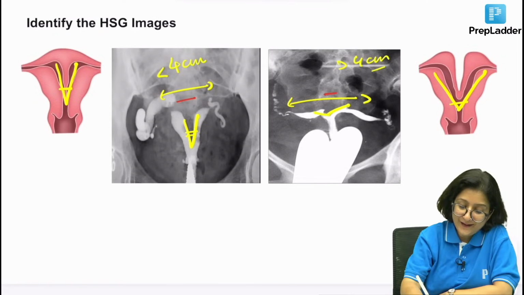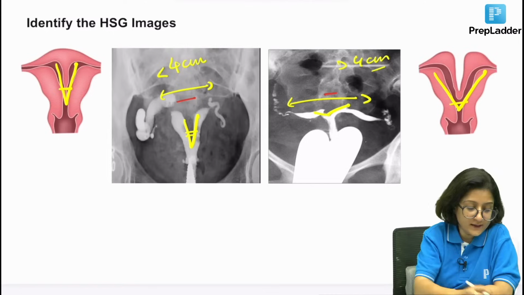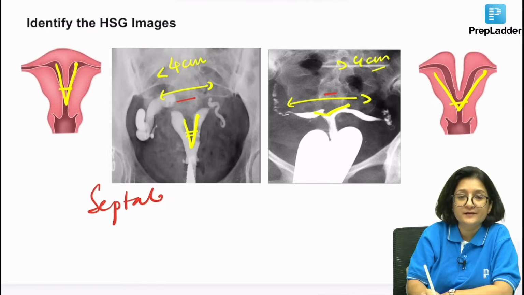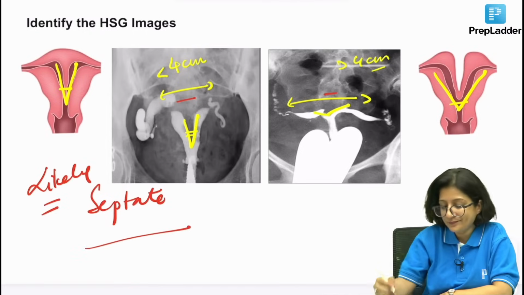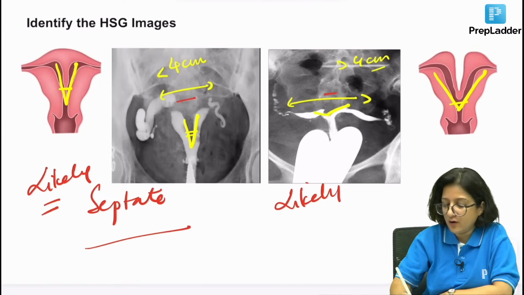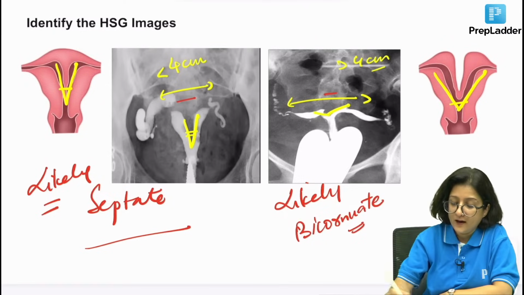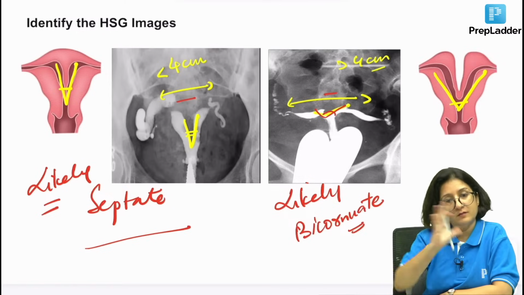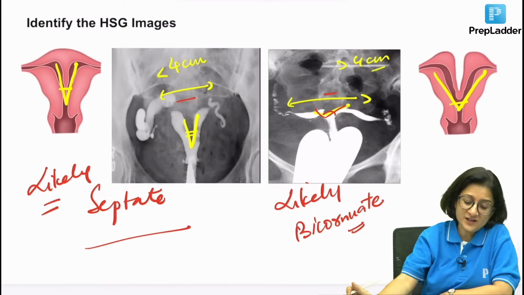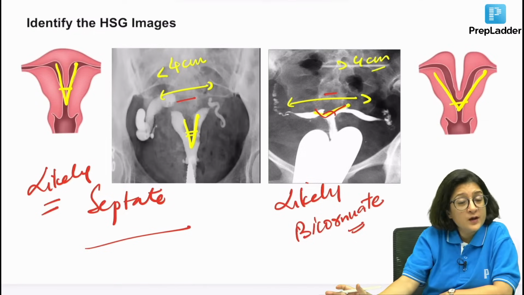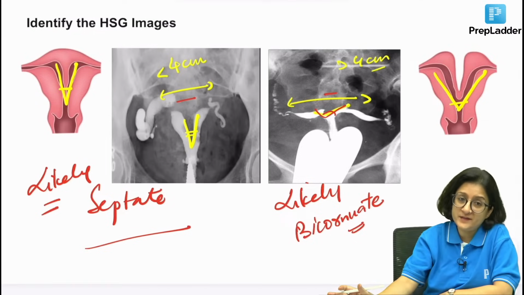If your angle is acute, like the image on the left, this is likely septate. I am not sure, I'll say likely. This is likely bicornuate when the angle is obtuse, larger. So HSG can only give me clues, but I will not be able to 100% differentiate.